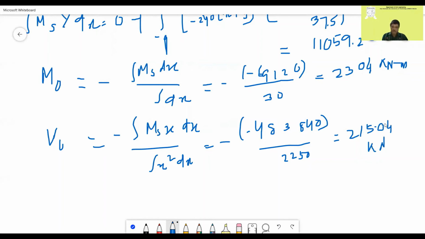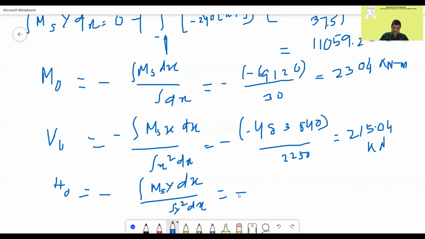Now we'll go for the H0 value. So what is the H0 value? The H0 value will be minus ∫ms y dx divided by ∫y² dx. Right, so write the values.